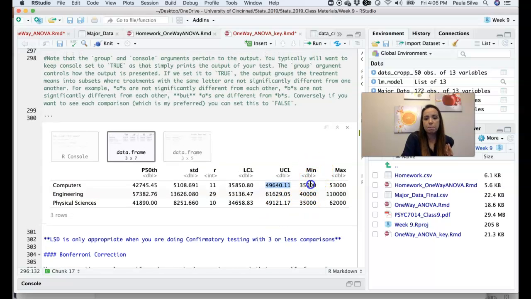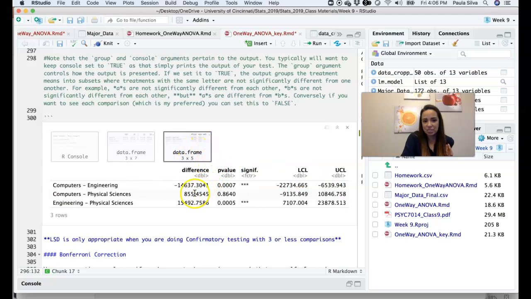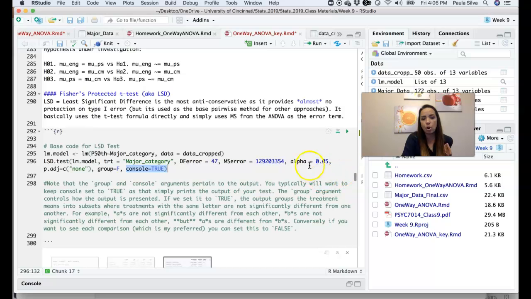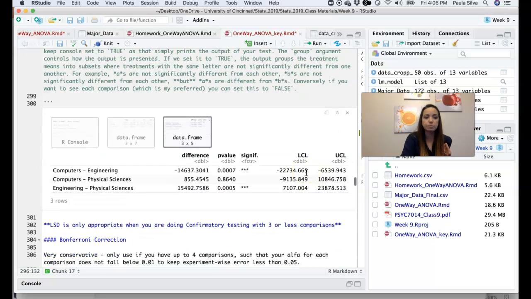It also gives us the minimum and the maximum of each one of them. It gives us the mean difference, it gives us the p-value, and it gives us whether the difference is significant or not at the 0.05 level, which we told R is what we wanted to use.